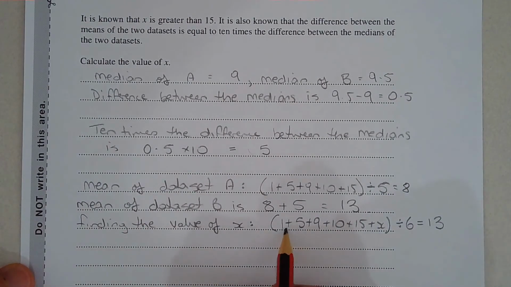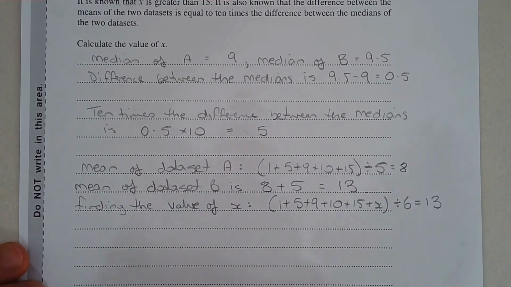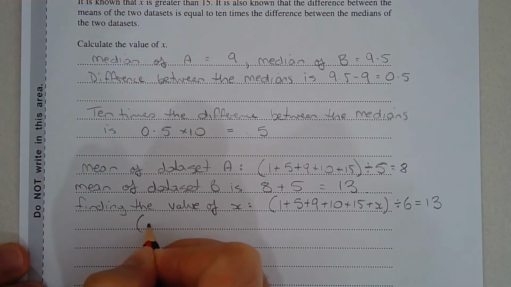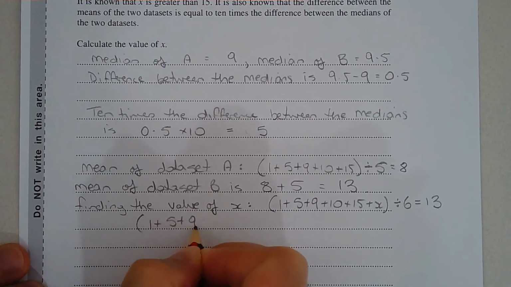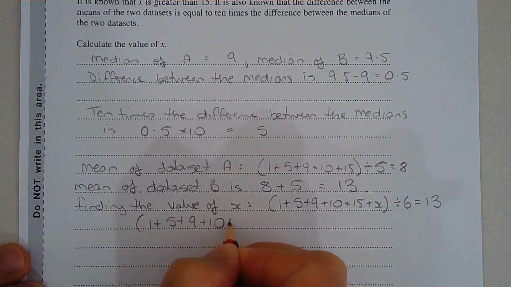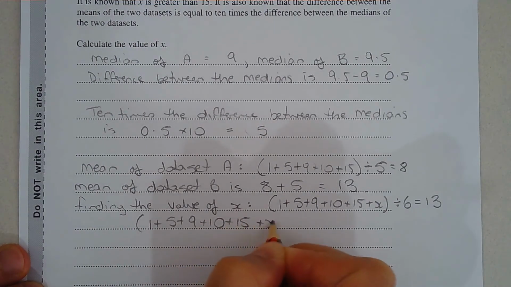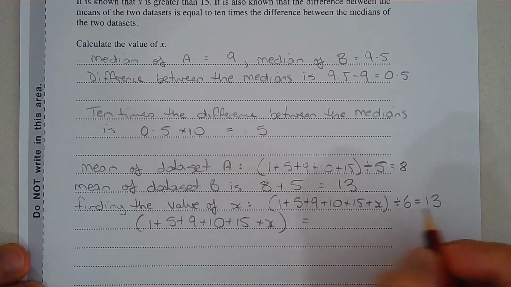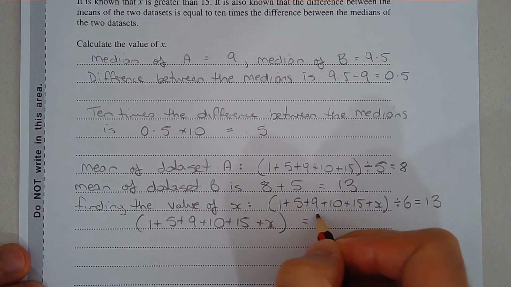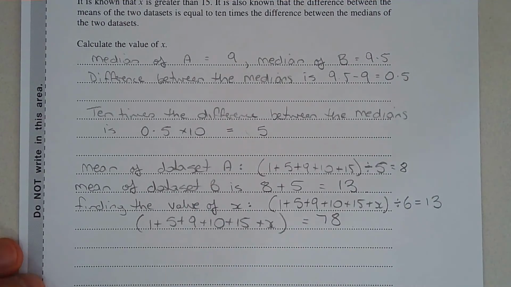We can add these 5 scores as well. I'll just do this in a few steps. 1 plus 5 plus 9 plus 10 plus 15 plus x is equal to 13 times 6, which is going to equal 78.